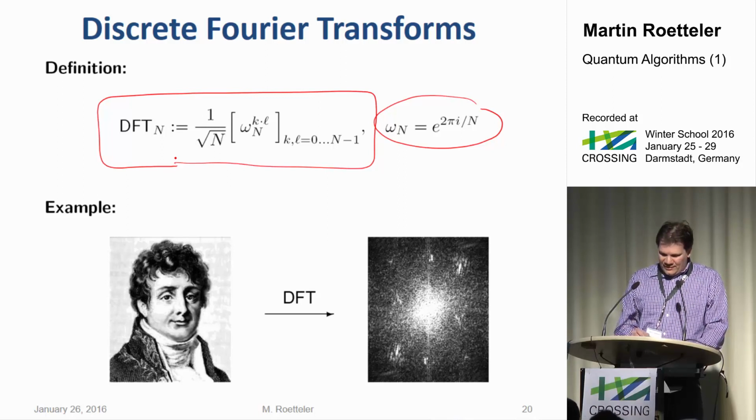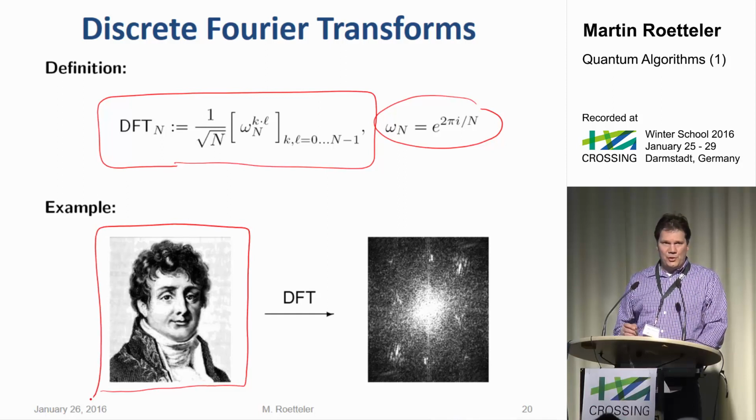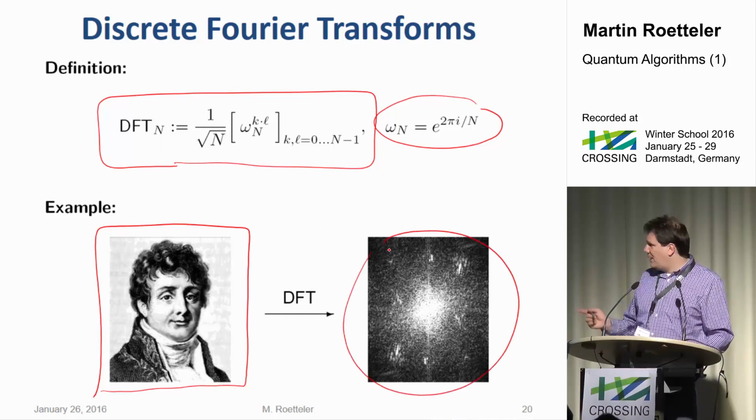And then if you have a signal, say this could be an image, so you've got a two-dimensional signal. You could Fourier transform the rows and the columns of this image, and then you get something that looks like this. This is just a power spectrum. Of course, I cannot really visualize the complex numbers here in a nice way, so what's done here is that I took the absolute value squares of the Fourier coefficients.